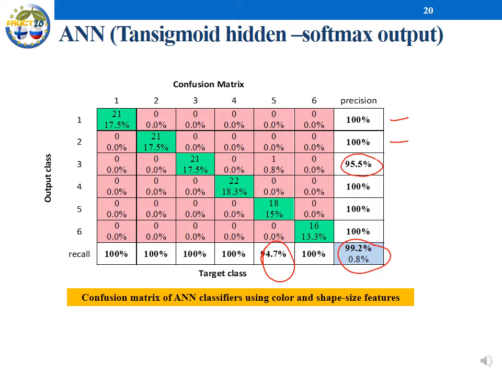Then compared to SVM and KNN, ANN is performing much better, and then we continue implementing the ANN in hardware.